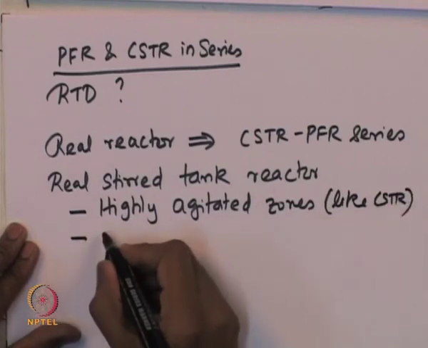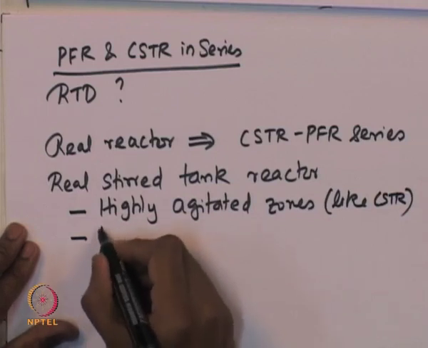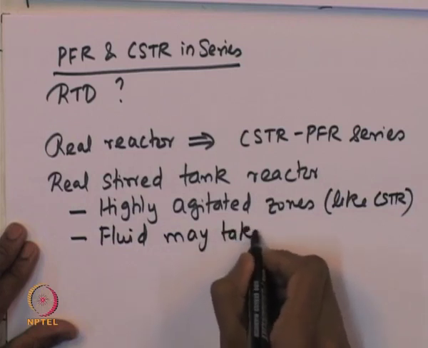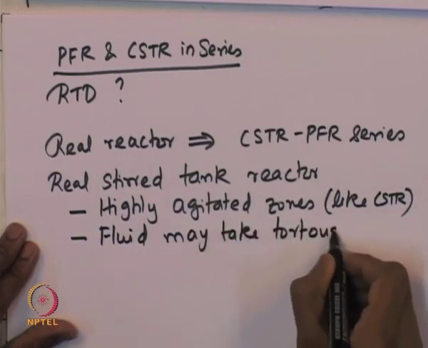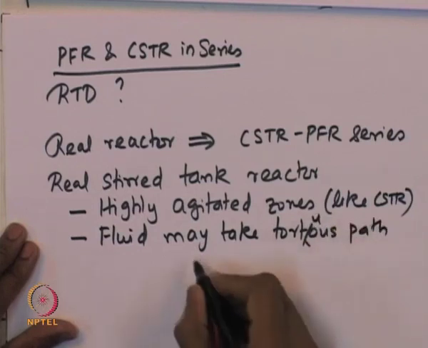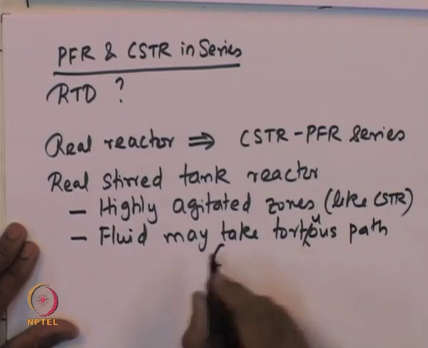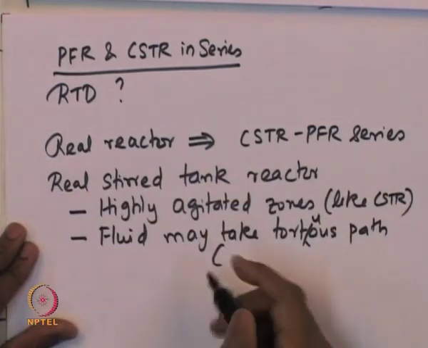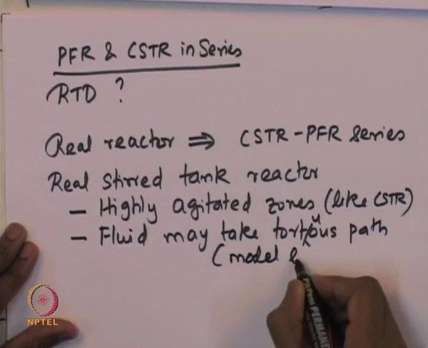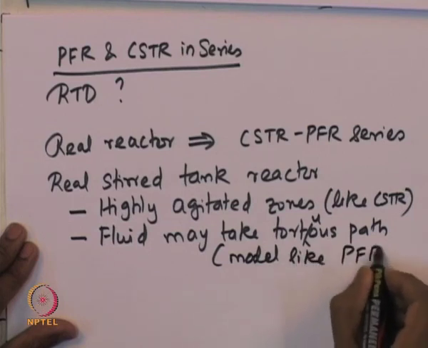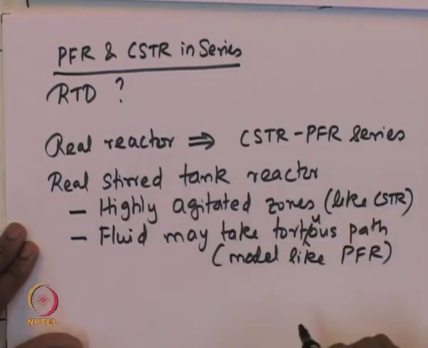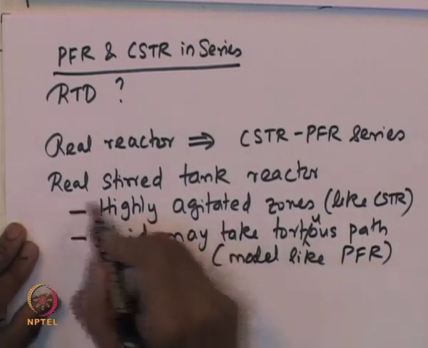And then there will be situations where the fluid may take tortuous paths before it leaves the reactor. That particular fluid stream which takes such a tortuous path can be modeled like a plug flow reactor, modeled like a PFR. So, in this kind of situation, one can use a combination of CSTR and plug flow reactor in order to model the real reactor.